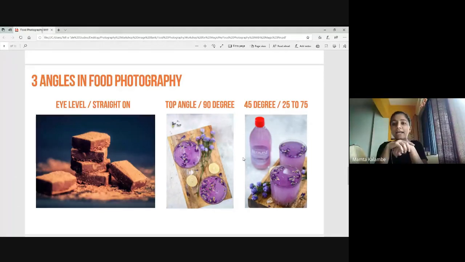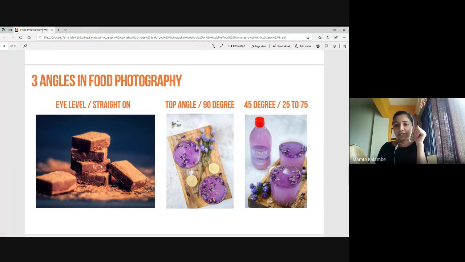So first is the eye level. It is also called the straight-on level. Eye level does not mean the level of our own eyes. It basically means going to the eye level of your subject. For example, in this particular picture, this was styled.